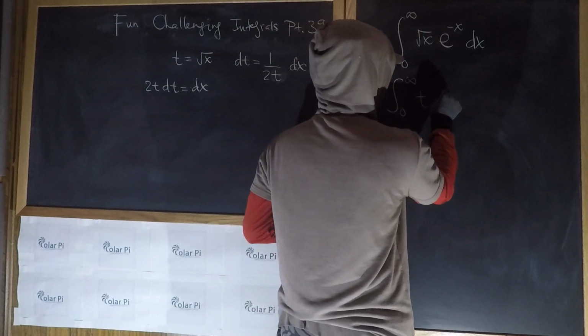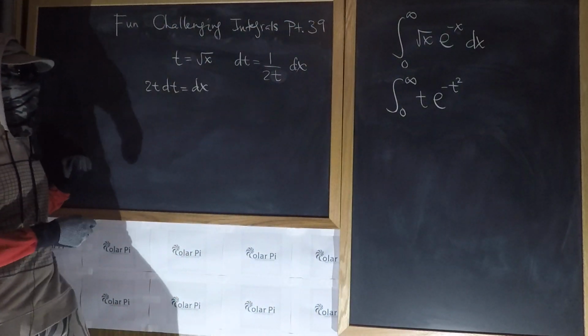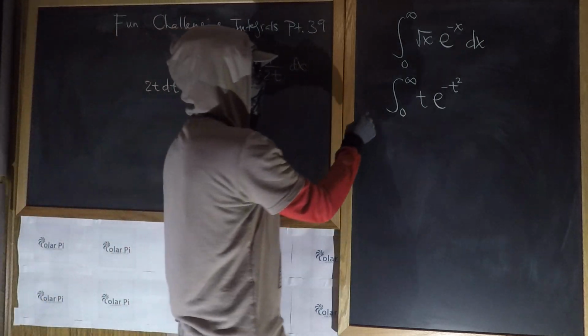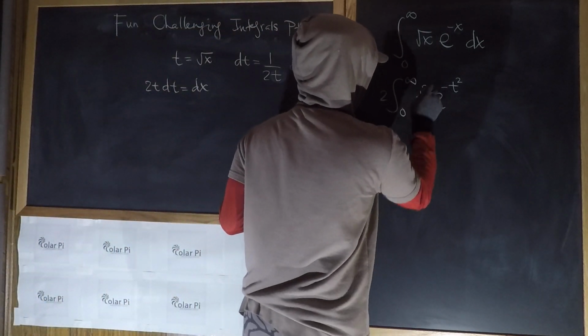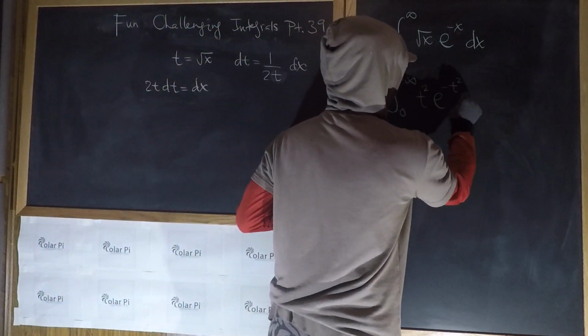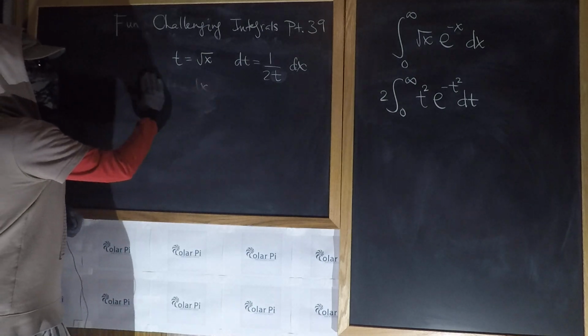So e to the minus t squared. And we said dx is 2t dt. So a 2 right here, and the t makes that square, and then dt, right? Okay, and now we're going to do integration by parts.